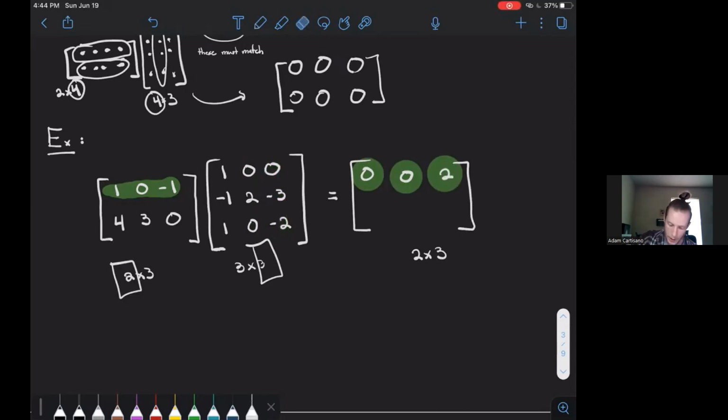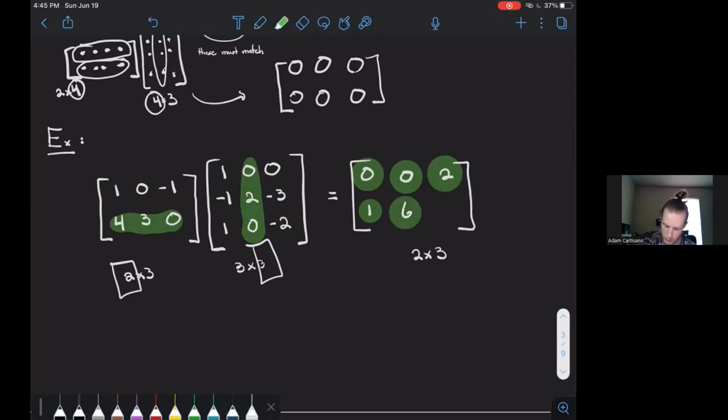Okay. Now that we've filled out that first row, we can go to the second row. And we'll go one column at a time, right? This dot product looks like 4 minus 3, which is 1. And it will go right here. Then we do the next one, which looks like 0 plus 6 plus 0. It goes right here.